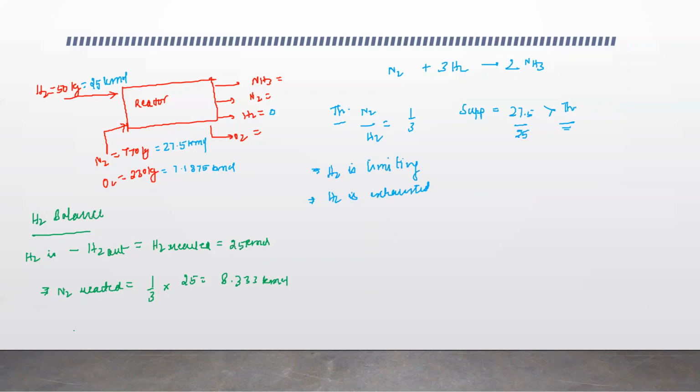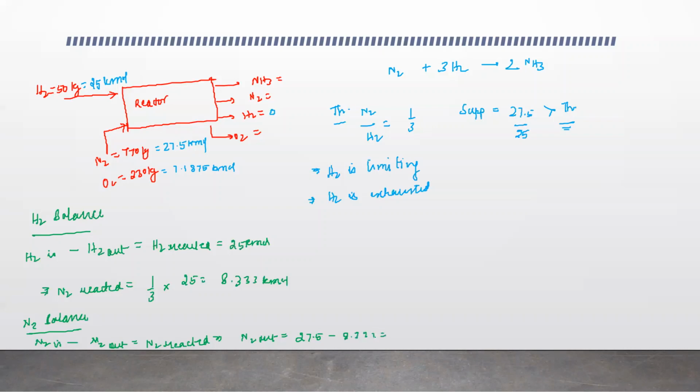Now when we do a nitrogen balance, we get nitrogen in minus nitrogen out is equal to nitrogen reacted or nitrogen consumed. So nitrogen out is nitrogen in, that is 27.5, minus nitrogen that has reacted, that is 8.333.